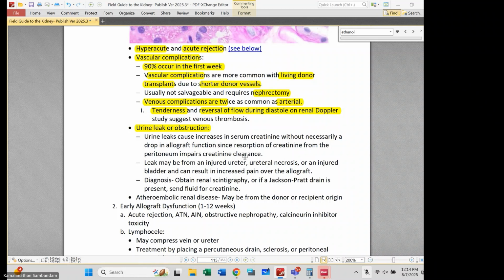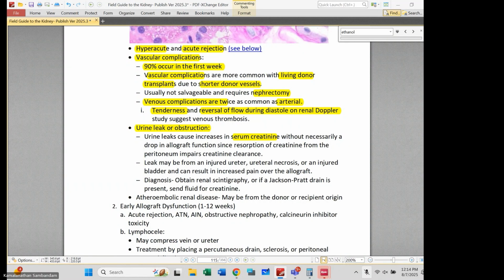Urine leaks, again, or obstruction, are another cause of immediate post-transplant allograft dysfunction. In some cases, it's really not allograft dysfunction, but rather impaired creatinine clearance that manifests. How do I distinguish those two?